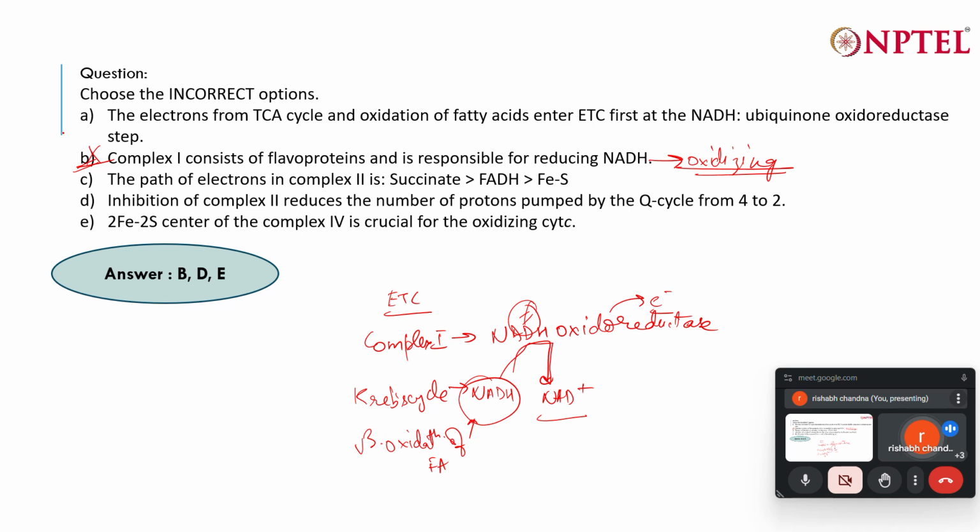Then the path of electrons in complex 2 is succinate to FADH and then to FeS. Yes, this is correct. So complex 2 is actually succinate dehydrogenase.